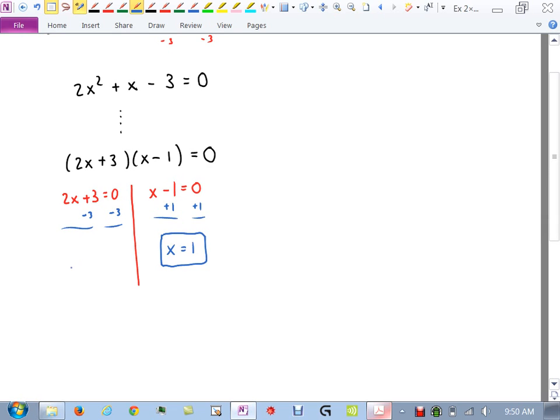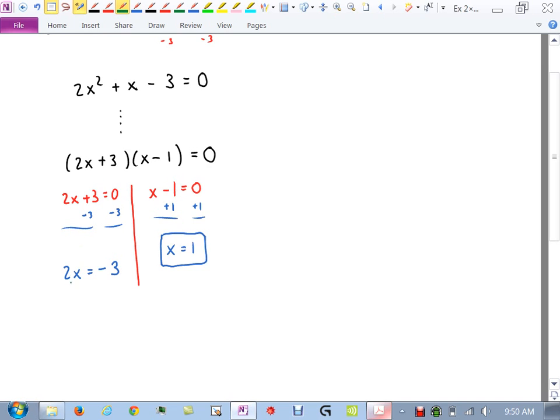And that gives you 2x equals what? Negative 3. And then to get rid of the 2, because it's multiplied, 2 times x, you will have to divide by 2, not subtract. So divide by 2 on both sides.